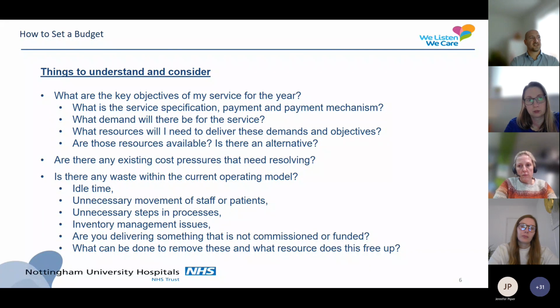Again, factoring in things like service specification, it's really key that you understand the payment mechanism for your services. For all tariff-based services this year, the consultation document is indicating that all non-elective pods will be blocked. So any activity that you sign up to in your activity plans will be paid at that blocked value, regardless of over or under performance.